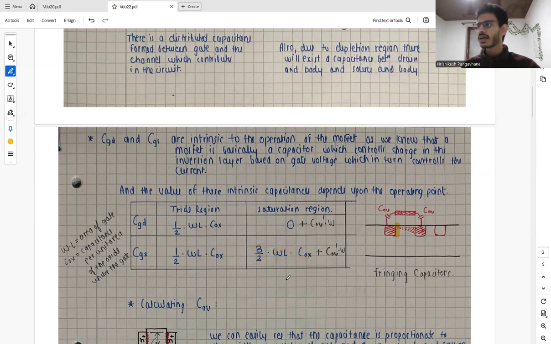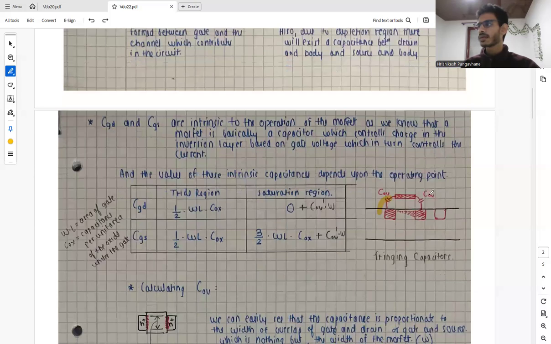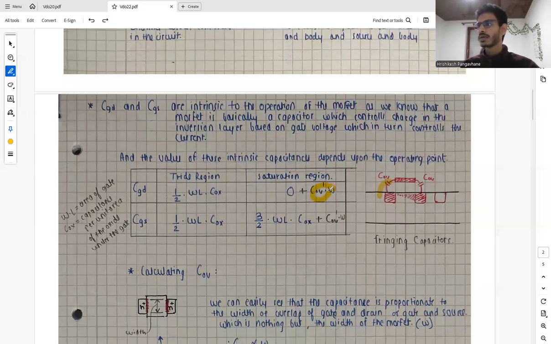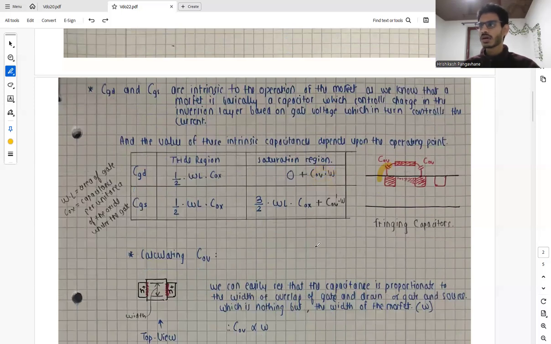Along with that, due to the overlaps, we have C overlap times width, and here also we have a C overlap times width. This is due to the fringing capacitors, and we should consider the effect of the fringing capacitors as well. This is the overlap of gate on drain and gate on source.